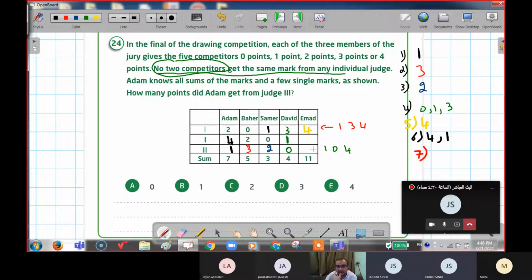So Imad: we have 1, 0, 2, and 4, so 3 is left. And the last one is 4. So 4 plus 3, 7, plus 4 is equal to 11.